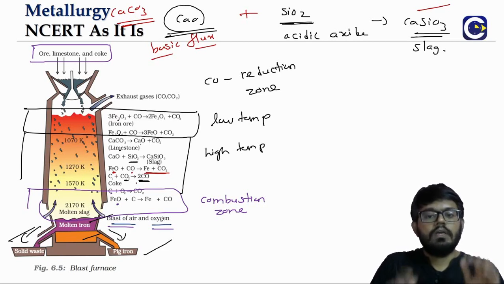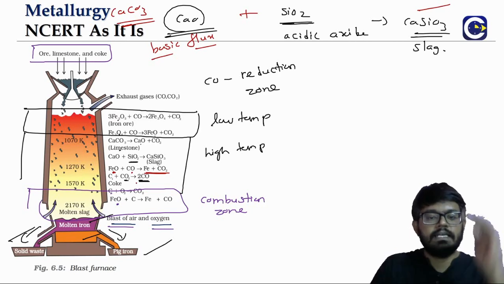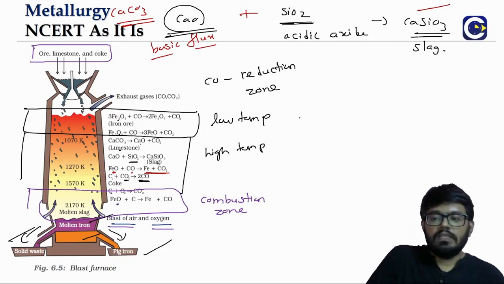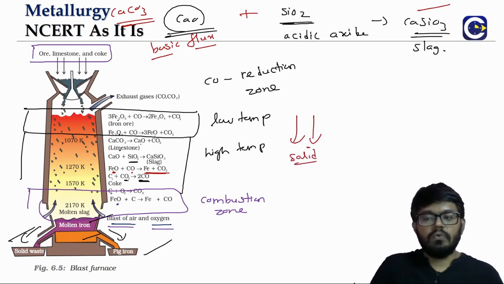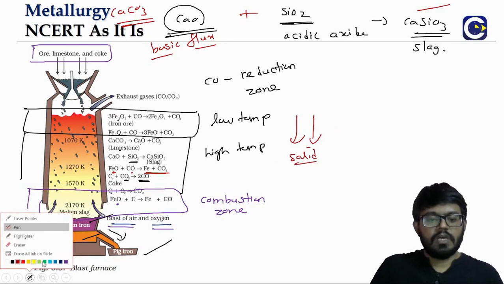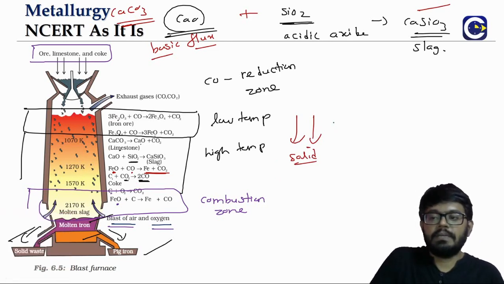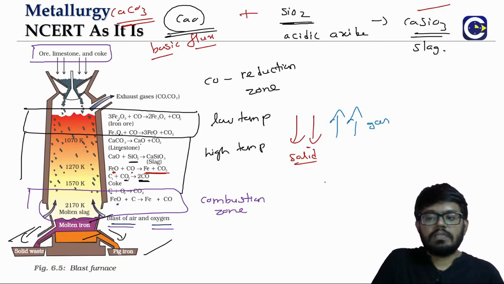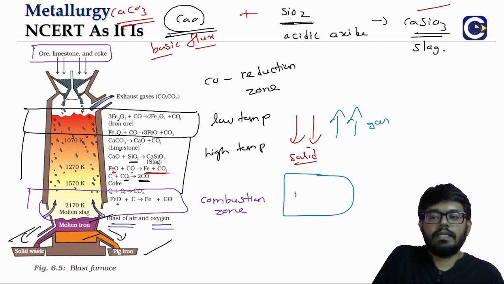So this is what you will see in a blast furnace: there is a counter current. The solid particles are coming down, the gases are going up, but as the solid particles are coming down, the temperature keeps on increasing. So somewhere we will see that this will be converting into what?